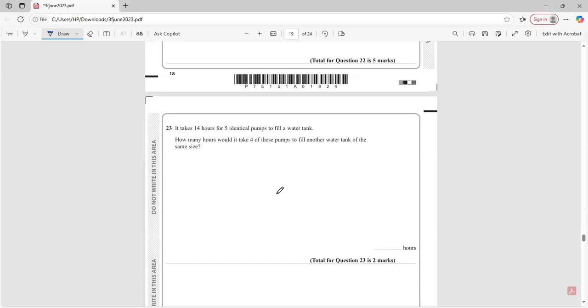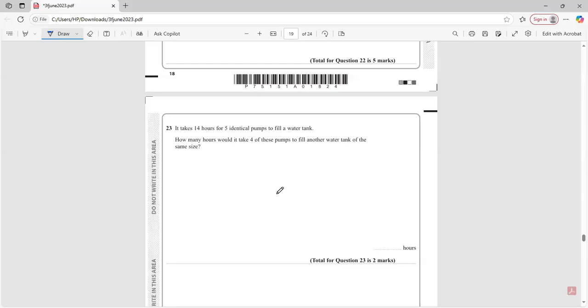Now, imagine that these pumps were likened to humans. If you reduce the number of people doing a particular job, then obviously, if they are working at the same rate, it will take 4 people a longer time to do what 5 people would have done.